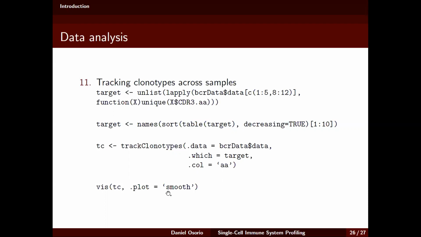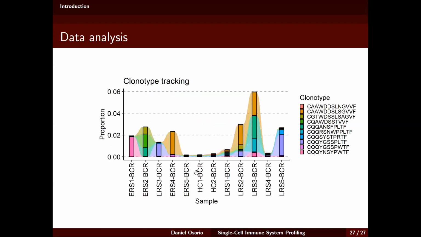So at the end, the final plot looks like this, and this means that these are the 10 more frequent clonotypes between the early recovery stage and late recovery stage. They are less present in the healthy controls. And you can see the proportion of the sample where they are present in each one of them.